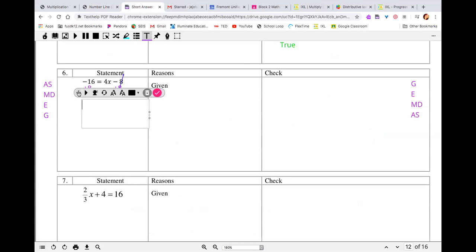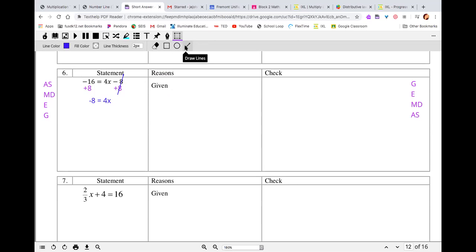So I rewrite my simplified equation, -8 equals 4x. And 8 minus 8 is 0. So now I have -8 equals 4x. What do I do next? We're following this. We're done with that one.